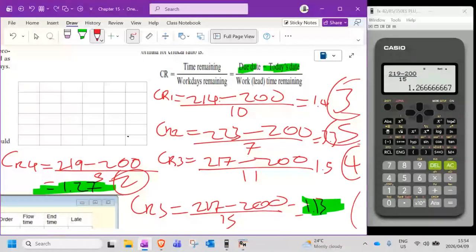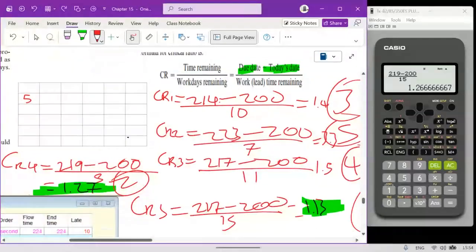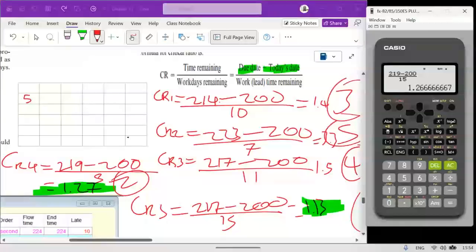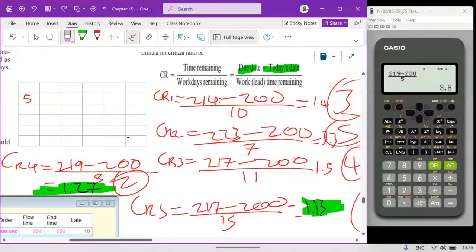Sir, please check CR4 again. Okay, 2.6, which is almost 1.3, right? Yeah, there's the calculation here. Okay, I see what you're talking about. This is a 5, right? All right, that's clever. Thank you. 0.8, yeah.